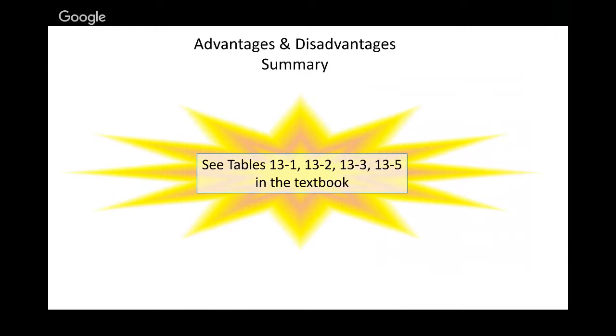This gives a more exhaustive list as far as how each of these are used. And so you'll want to make sure that you bring these tables either in your textbook or print it out if you've got the electronic version. Bring these tables with you to the quiz. You'll see some things kind of familiar to this last quiz in next week's quiz as well. Just kind of comparison, which is better for this, which is better for that.